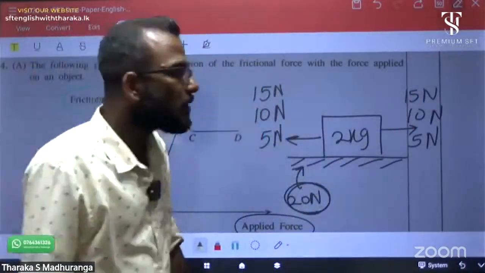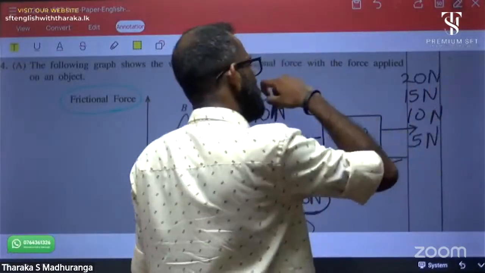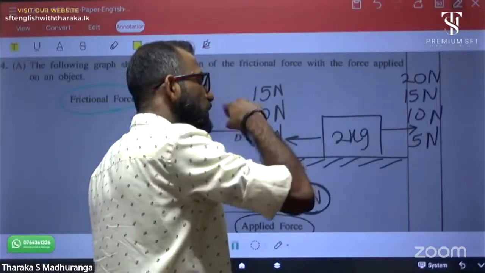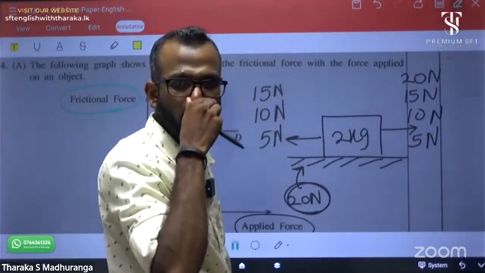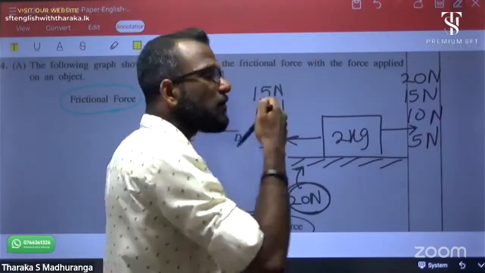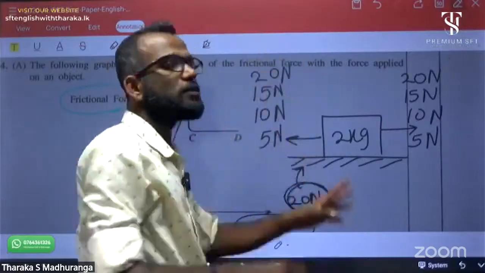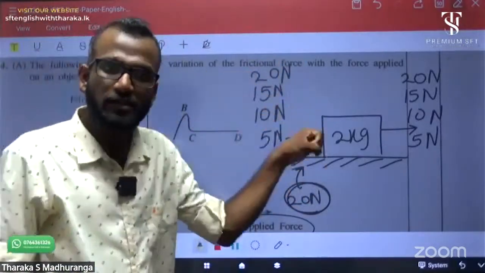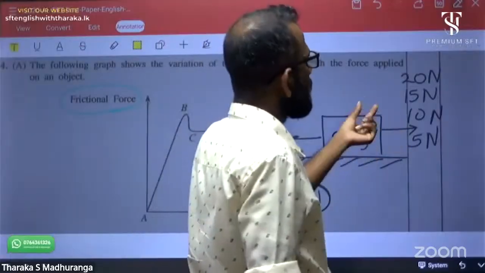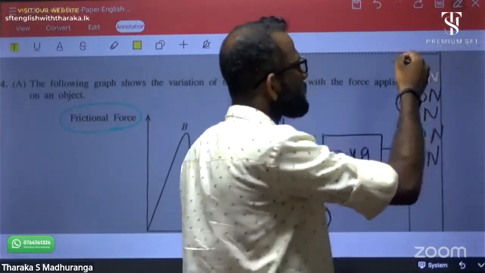Still at rest. If I increase the external force up to 20 Newton, what happened? What is the friction force? Friction force 20. Still the object is not moving. Still at rest. If I increase up to 21 Newton, what do you think?